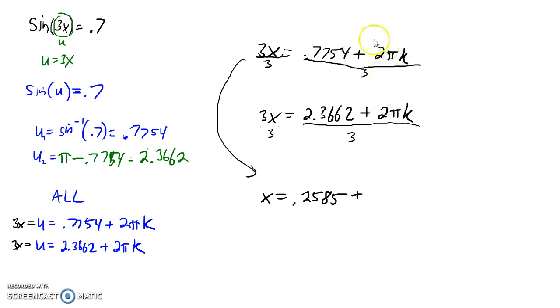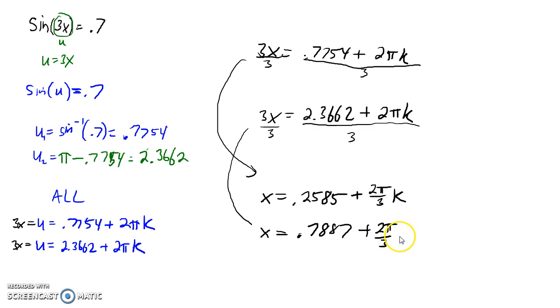And then we divide this number by 3 as well, so we get 2 pi over 3 k, or 2/3 pi k, however you want to write that is fine. And then this one, we end up with x equals, let's see, I had 2.366 divided by 3. That ends up being about 0.7887, plus 2 pi over 3 k.